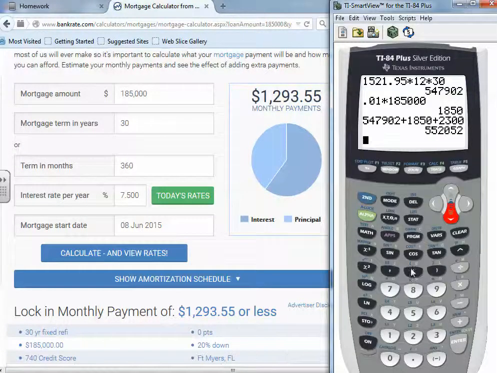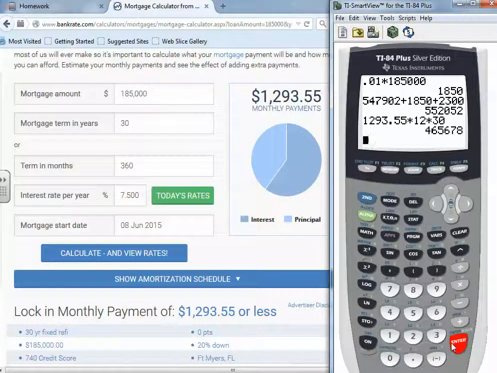Now we'll take the monthly payment, $1,293.55, times 12 times 30, and there's our total, $465,678.